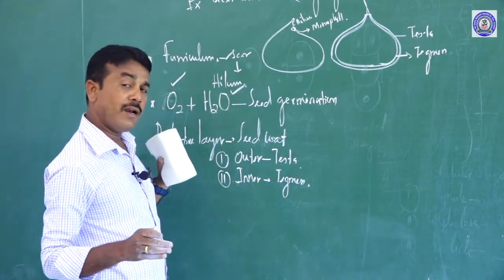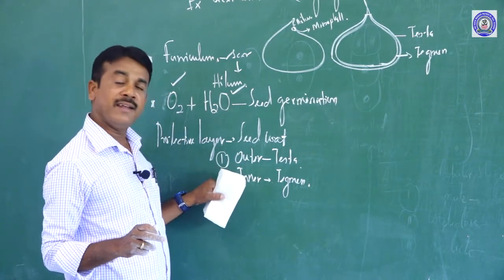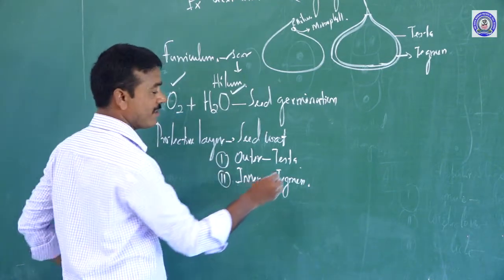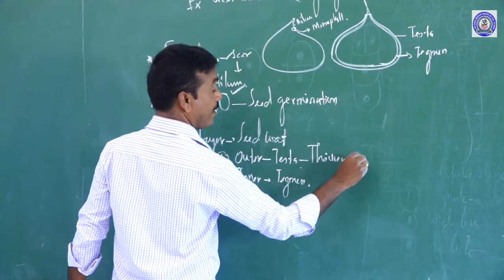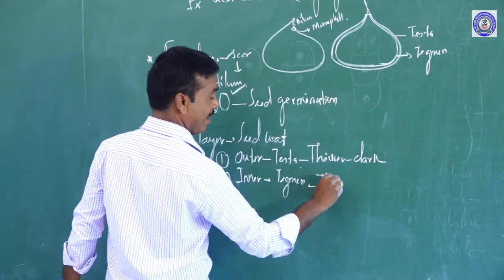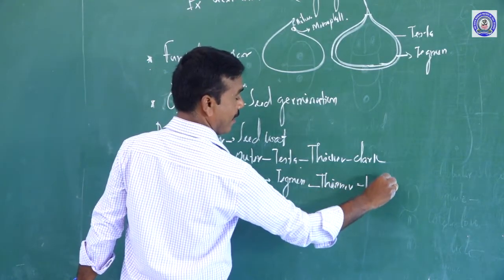But in general, in all dicots, the outer and inner seed coats are easily distinguishable. The outer is thicker and dark in color. The inner is thinner but light in color.